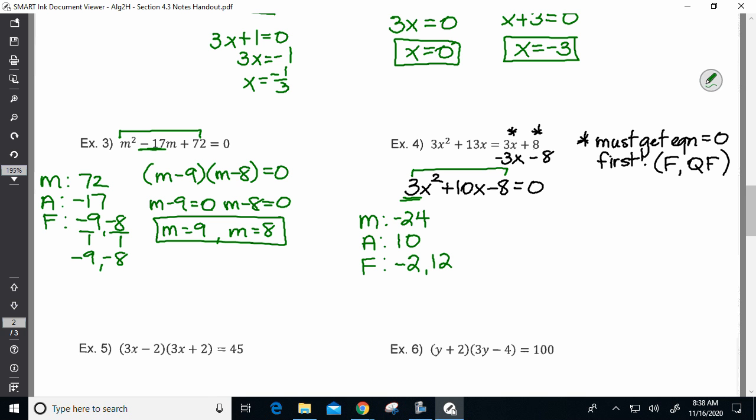Your first number was 3. Divide by 3. So negative 2 over 3 doesn't reduce. You have x minus 2/3. 12 divided by 3 is 4. That's x plus 4.